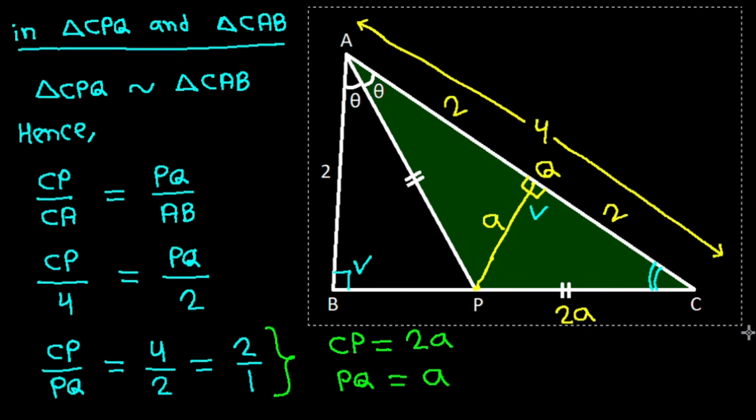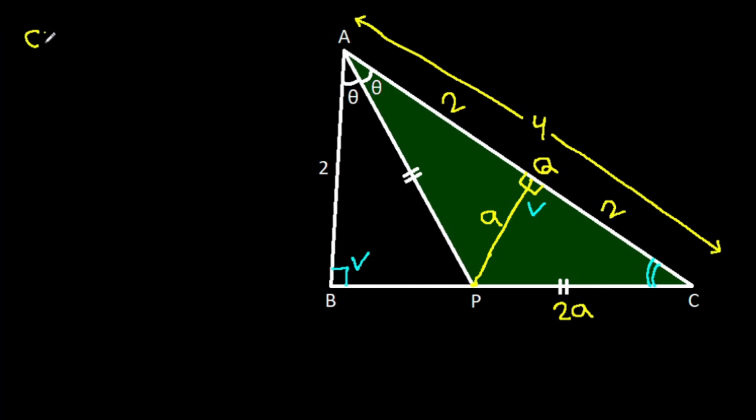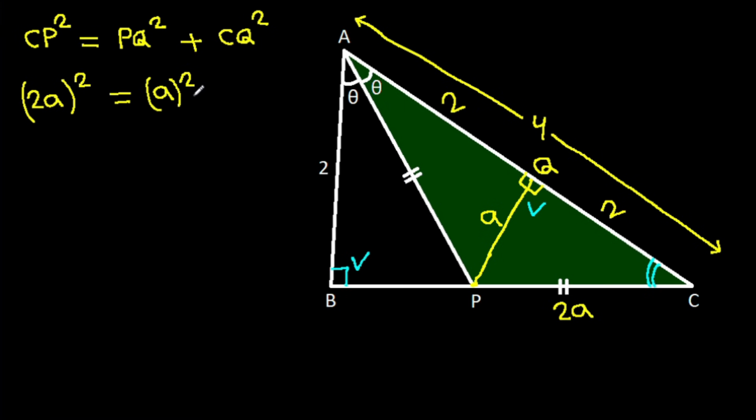And CP squared will be PQ squared plus CQ squared. CP is 2a squared, PQ is a squared, and CQ is 2 squared.